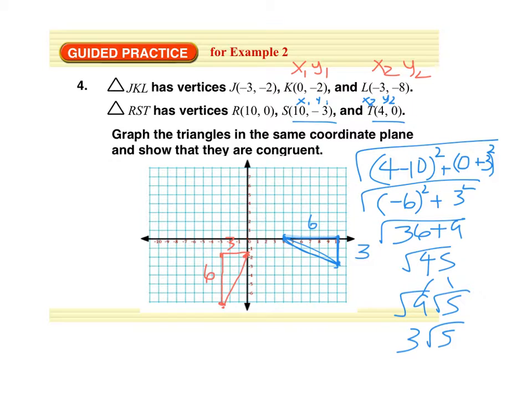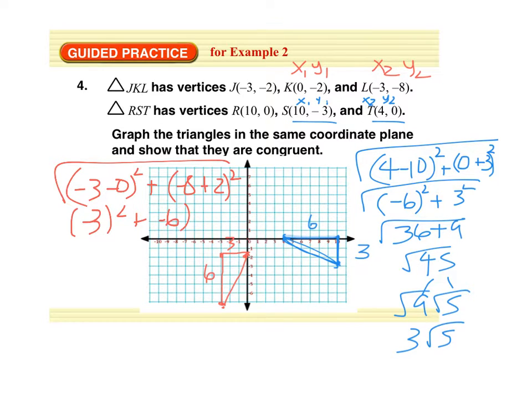So I'm going to do negative 3 minus 0 squared plus negative 8 minus negative 2, which makes it plus, under the radical. So negative 3 squared plus negative 6 squared, still under the radical. 9 plus 36. Notice I'm getting the same number again, square root of 45.